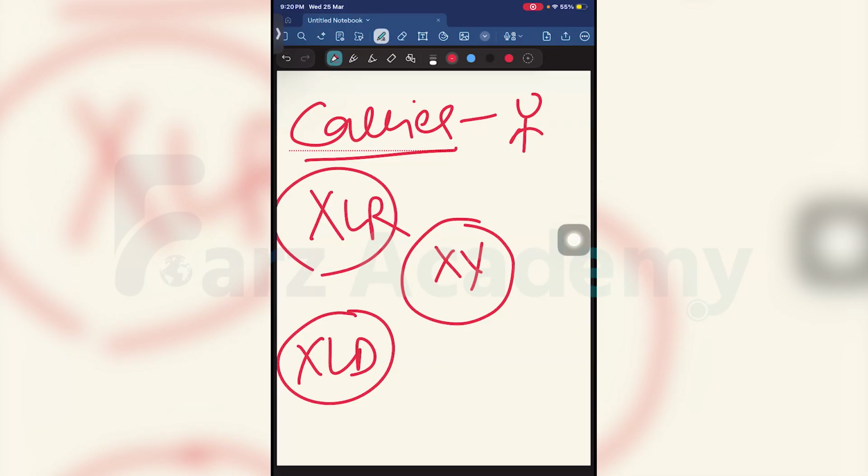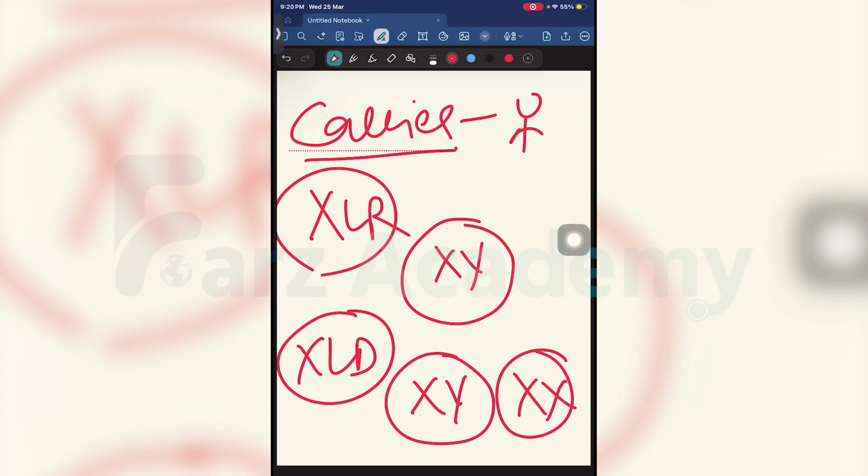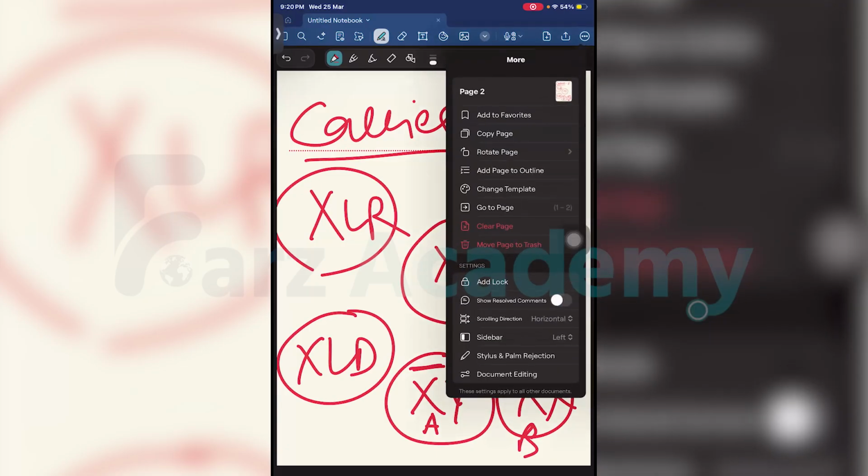This person is still going to have a higher chance of developing the disease than this. Disease will be developed even in this one. But if I ask who is going to come with a worse disease, what will be your answer? Male. Because males have only one X chromosome, they will come with a worse disease. Very good.